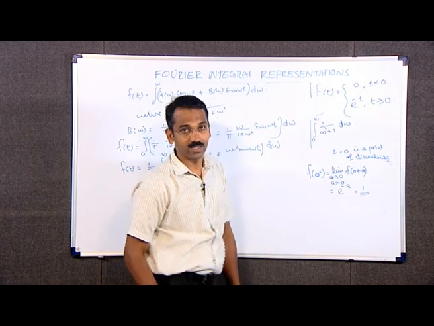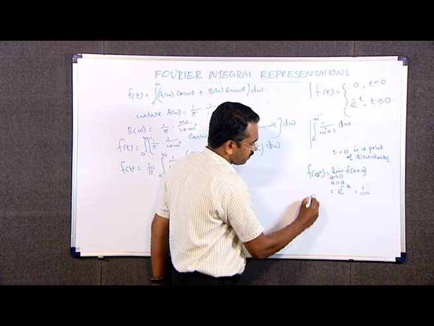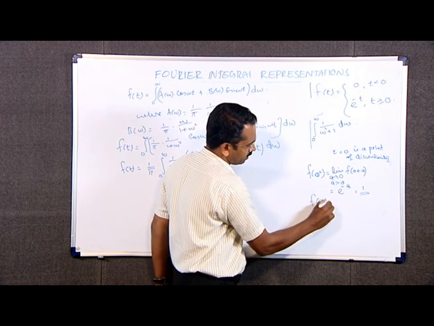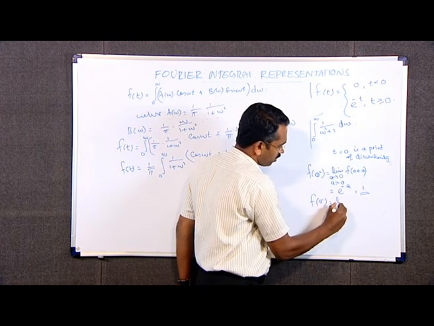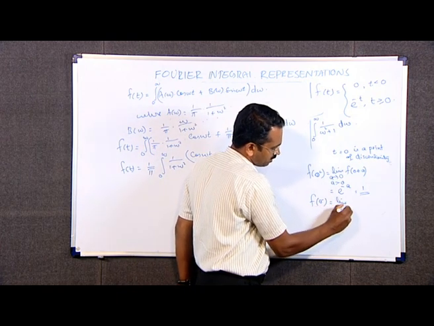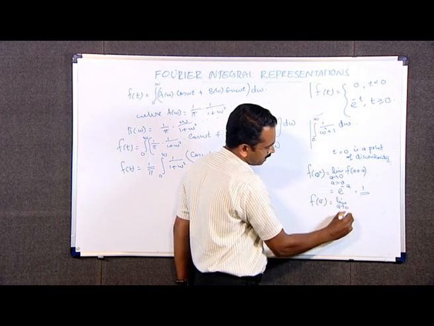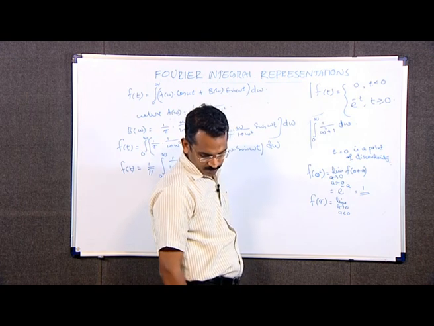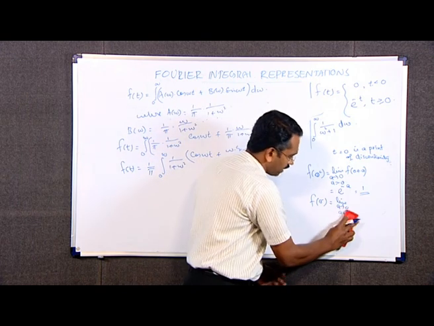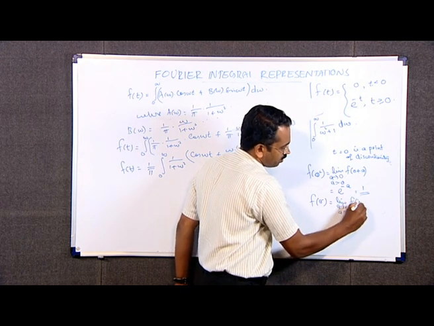That is, the right hand limit at 0 is 1 and the left hand limit f of 0 minus is limit a tends to 0, where a is always greater than 0, f of 0 minus a.